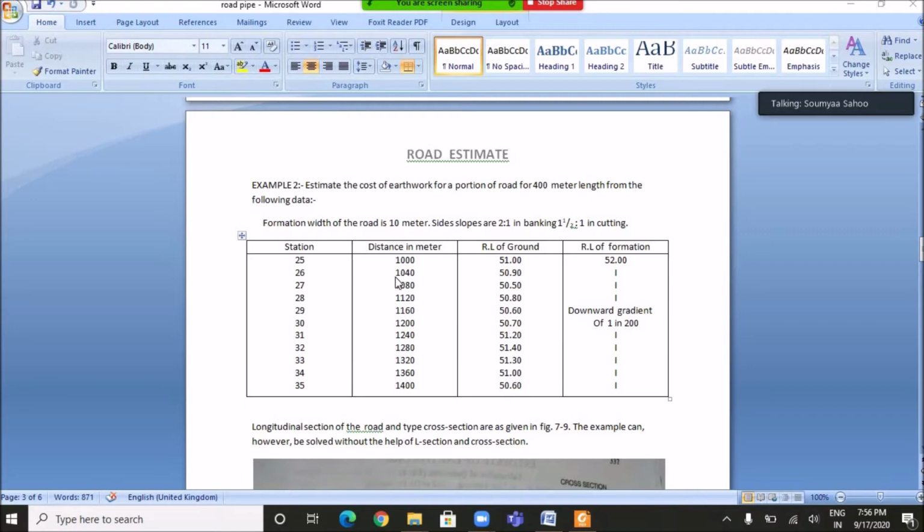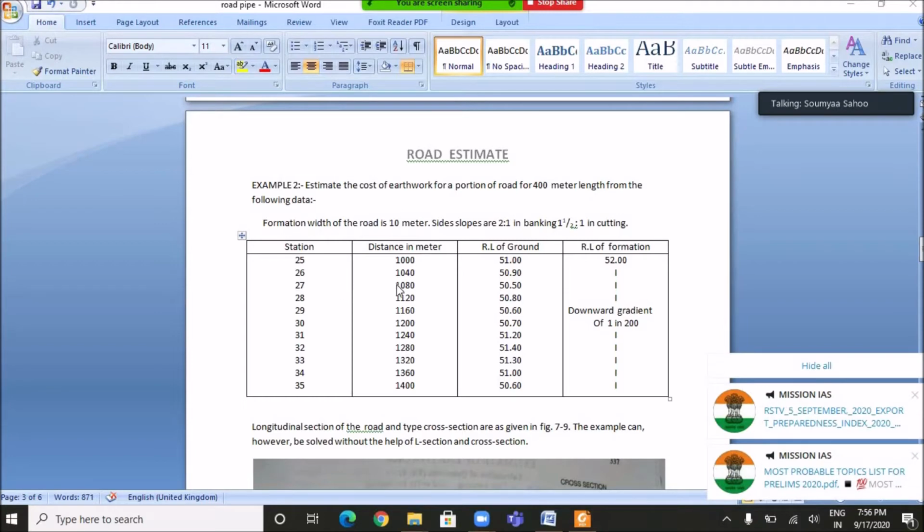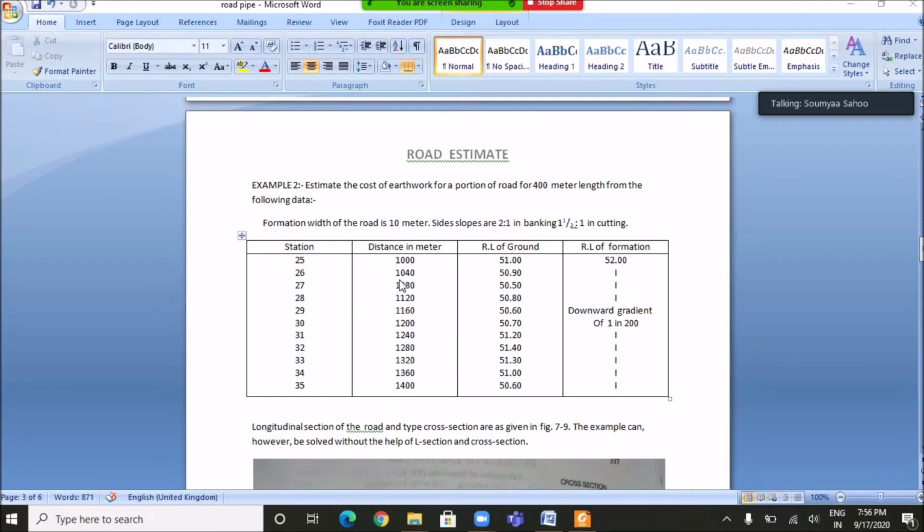For 26, the distance is 1040 meter. So the change between station number 25 and 26 is 40 meter, and so on. Between station number 26 and 27, the change is also 40 meter, as in station number 26 the distance is 1040 meter, and in station number 27 the distance is 1080 meter.